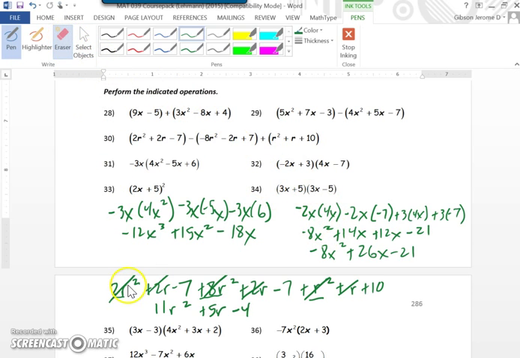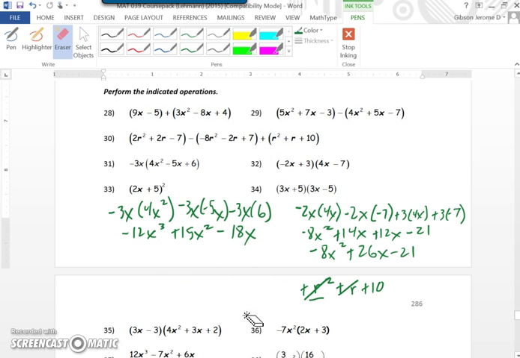Now we want to deal with problems 33 and 34. With problem 33, if you notice, we have a parenthesis squared here. That means we have to write this parenthesis twice. So it'll be (2x + 5) times (2x + 5). Now we will multiply that.